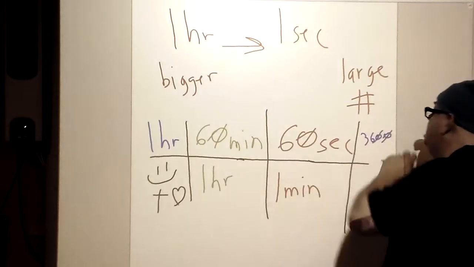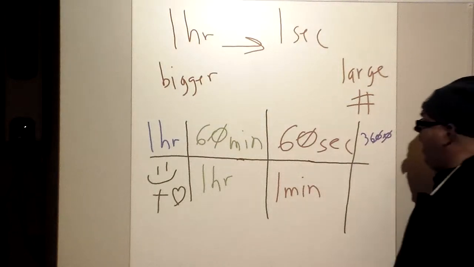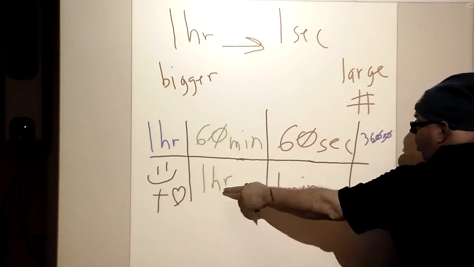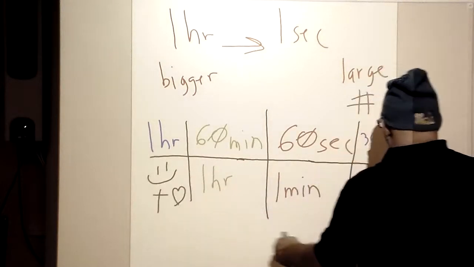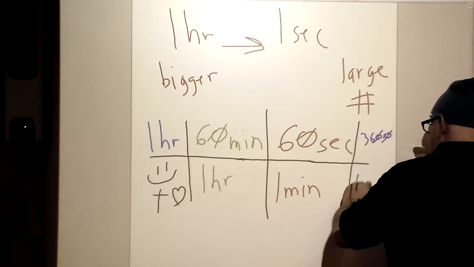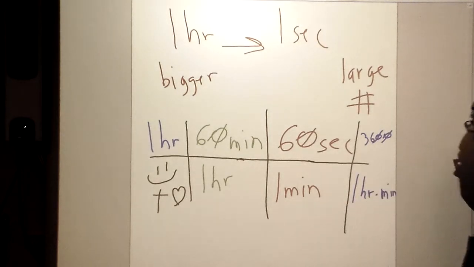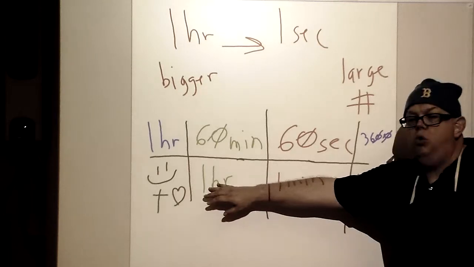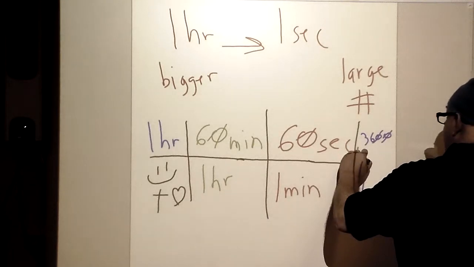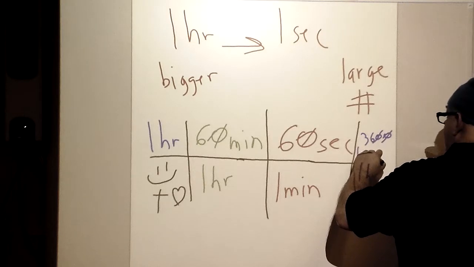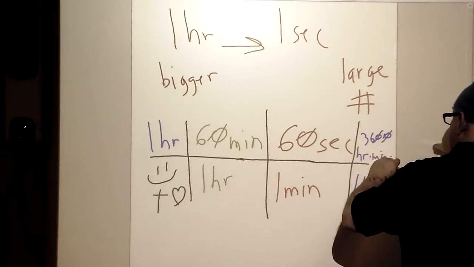You got 2 zeros, so you can add the 2 zeros to that. And everything here is 1 times 1. Remember, you can put a 1 here, it doesn't matter. But we have a 1 hour times minute, don't we? I'm multiplying straight across. This is also using the units as well. So I have 3,600 hour times minute times second.